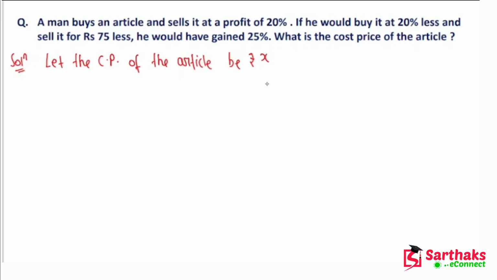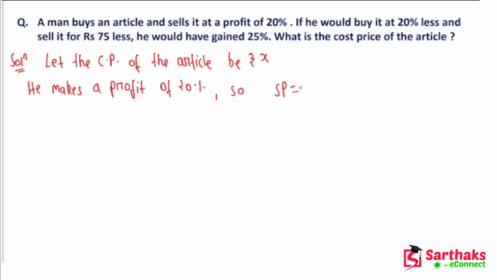Okay, so if the cost price of the article is rupees x, then you can clearly see he makes a profit of 20% when he purchases it at x. Okay, the initial cost price would be x only, so he makes a profit of 20%. Okay, so selling price would be what?